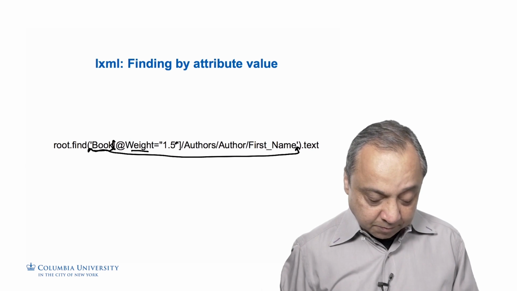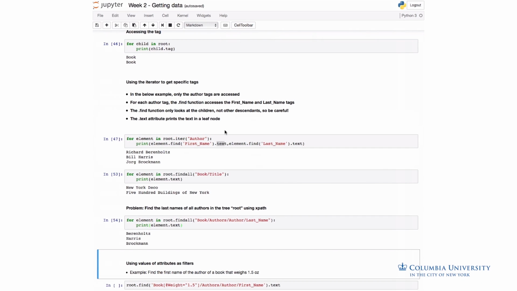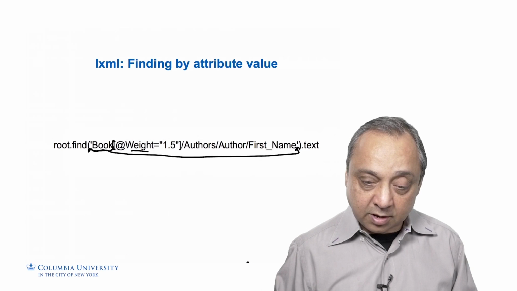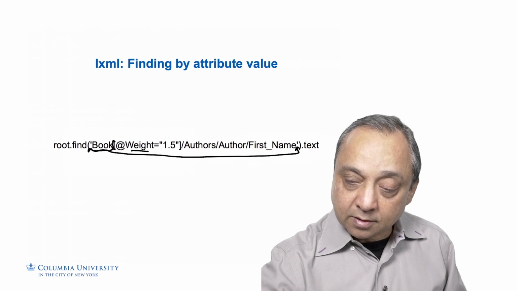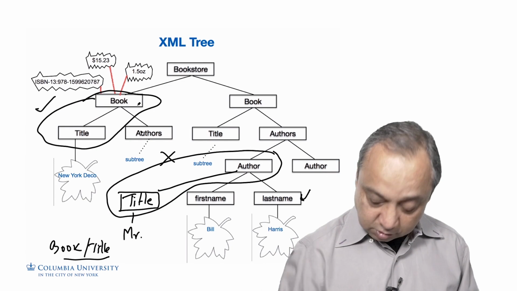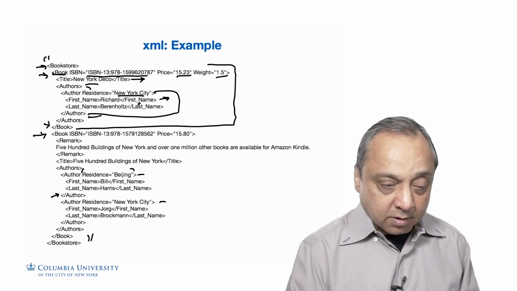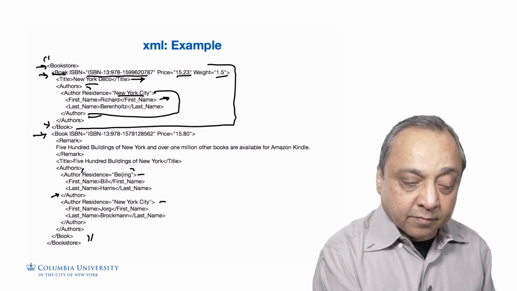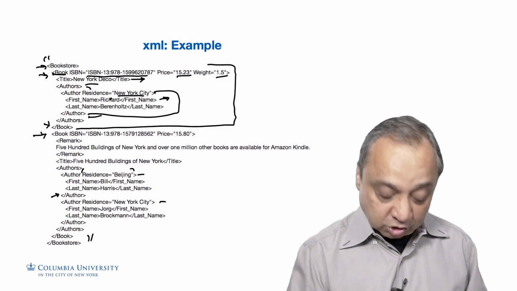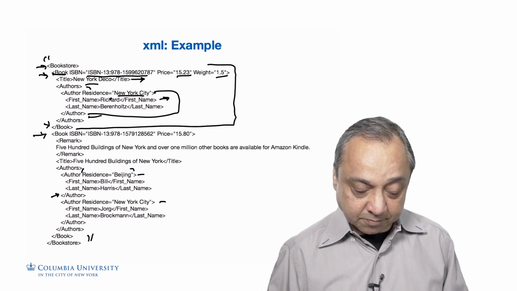So this gives us the value for that book, the author's first name for the book that has a weight of 1.5, which we can see in our tree is this one here. If we go back up one, we see that the book with a weight of 1.5 has an author with first name Richard, and that's what we end up seeing here.